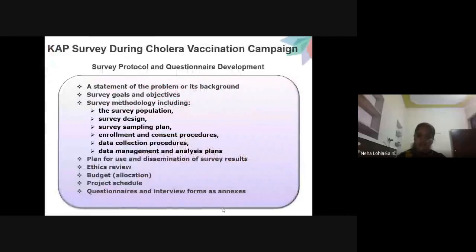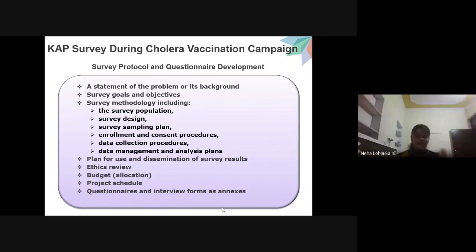Then we have the survey protocol and the development of the questionnaire. First, as we discussed, a statement of the problem or its background is needed, survey goals and objectives, and survey methodology, which will include survey population, survey design, survey sampling plan, enrollment and consent procedures, data collection procedures, data management, and finally the analysis plan.